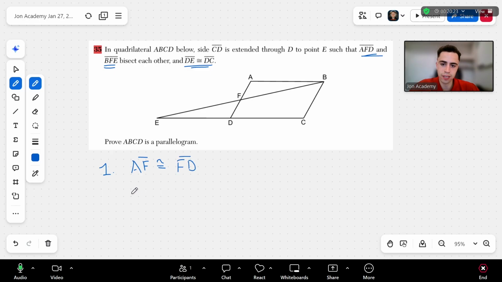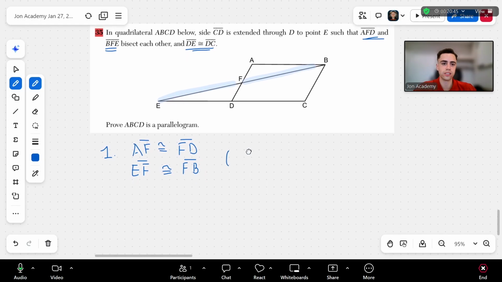And at the same time, these two, basically, these here are congruent, no? And these two are also gonna be congruent. So we could say EF is congruent with FB. Perfect.